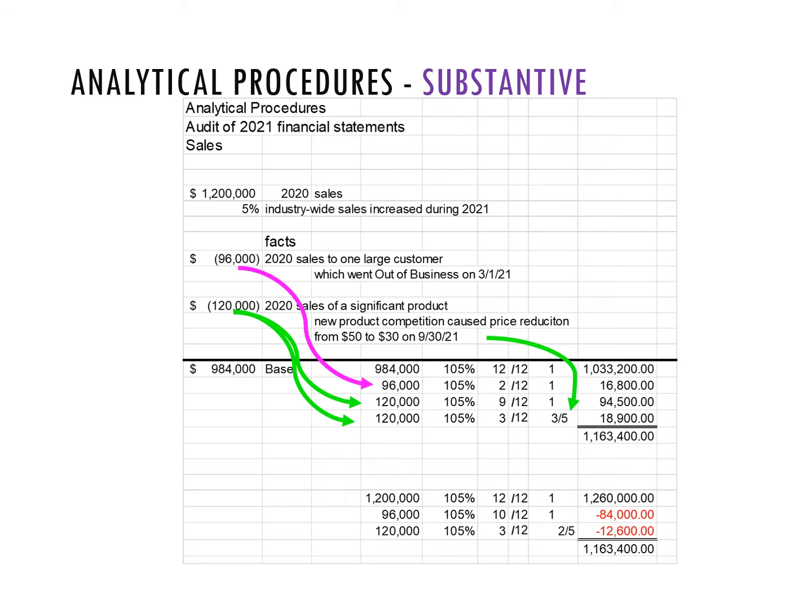And for the product that faced competition, they sold it for $50 for 9/12 of the year, the first 9 months, and then the last 3 months they sold it for $30. Ideally, that factor would be 30 over 50 to represent the price decrease, but Excel reduced the fraction. So that would be my adjusted expectation for substantive analytical procedures. I'd say, oh gosh, maybe the sales would be expected to be about $1.16 million.